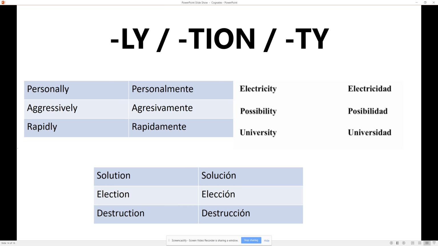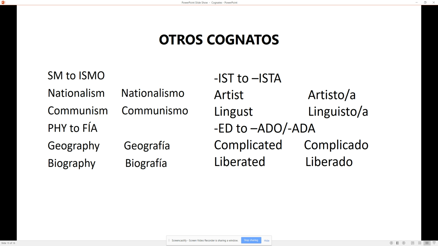Electricity, electricidad. Possibility, posibilidad. University, universidad. Solution, solución. Election, elección. Destruction, destrucción. Now, here are some other cognates, and I believe some of these are coming from Greek. So, nationalism, nacionalismo, the words that end in phy.